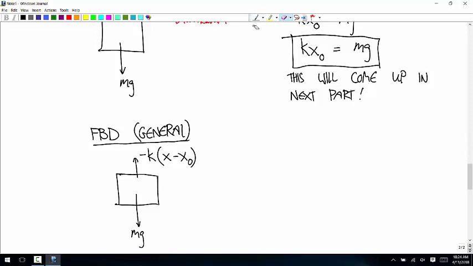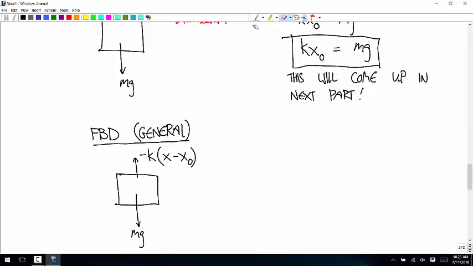Is it clear to everybody what I'm doing with that sign there? So the way I think about these signs is I know that it's going to be plus or minus k times the distance from the current position to the resting length of the spring.